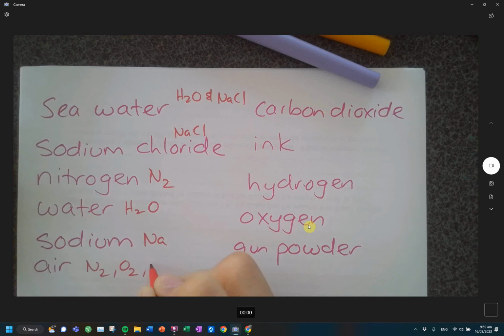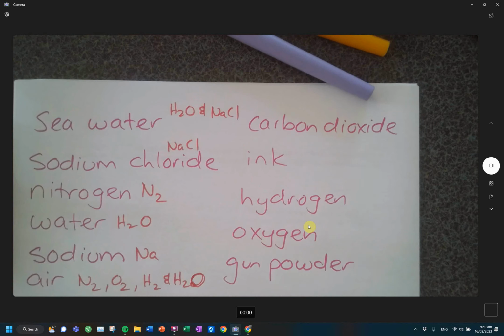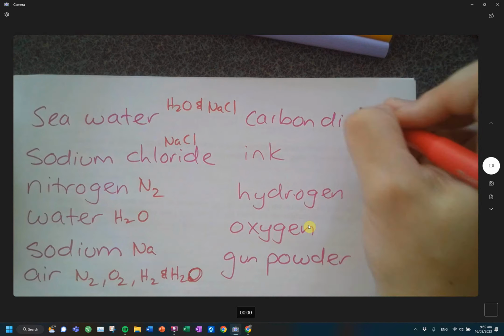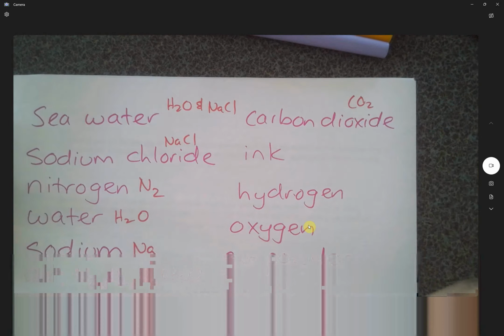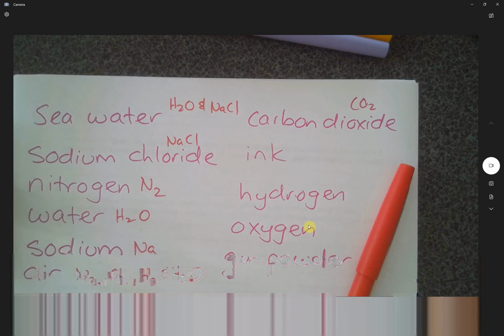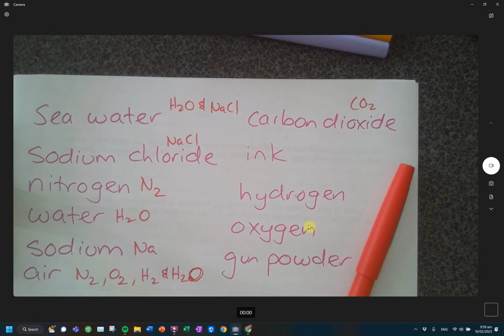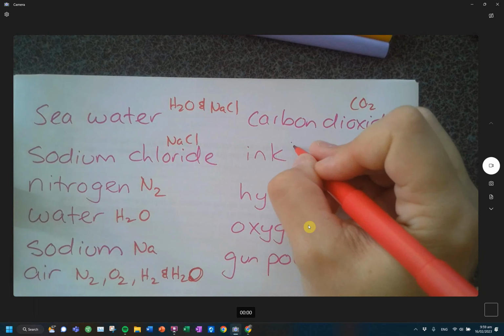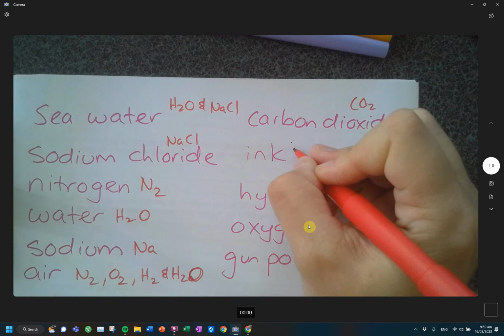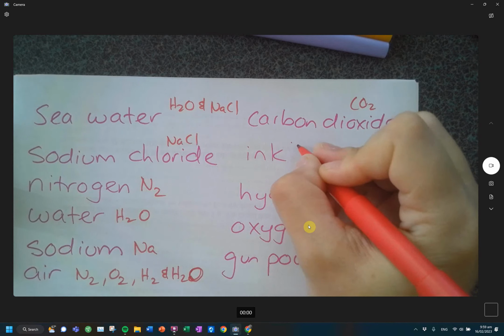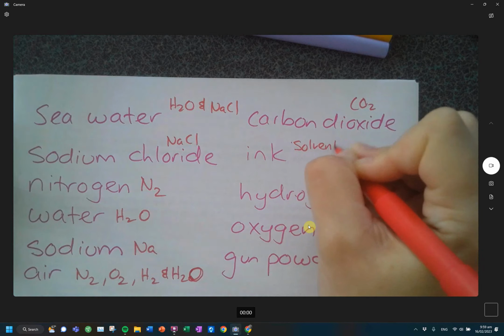CO2, gotta look it up. I'm just going to write down a list of stuff.